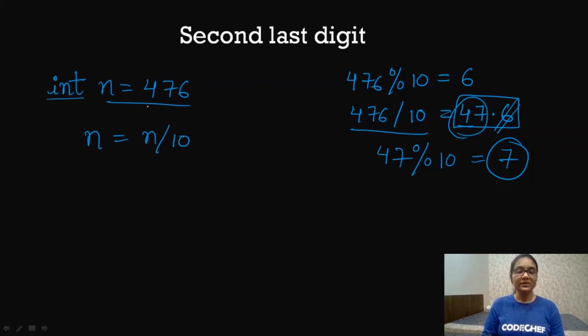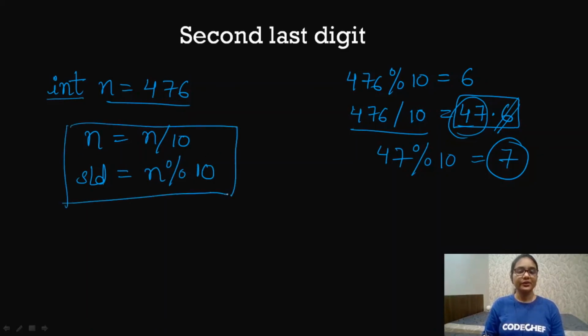We are performing this division on n itself, and then after that we can find the second last digit. So this is a short form SLD for second last digit, and we just need to do n modulus 10. So this is the operation that we require to find out the second last digit of a number.